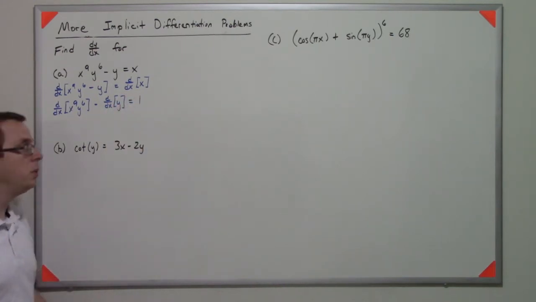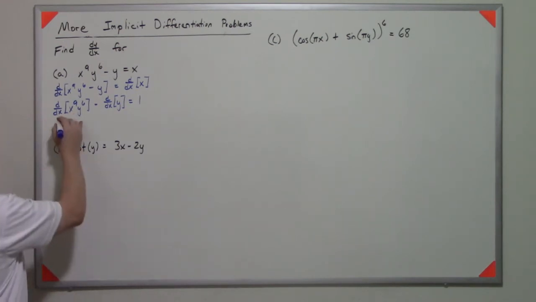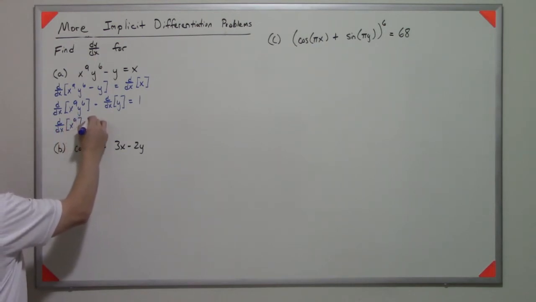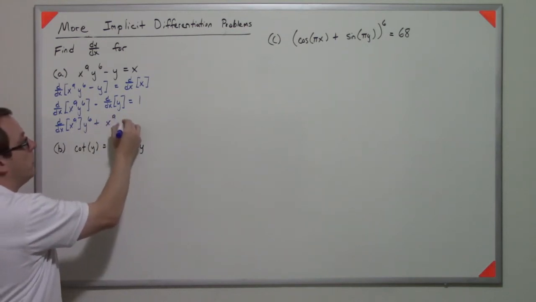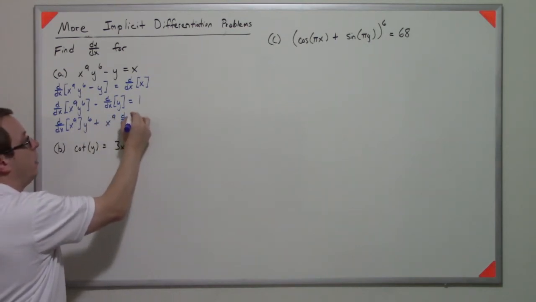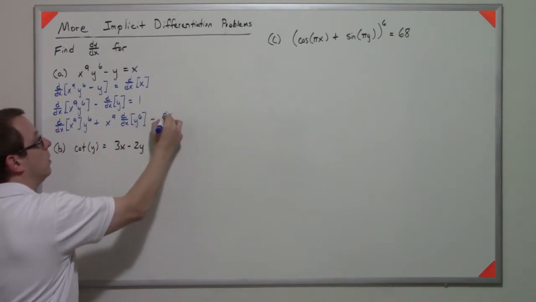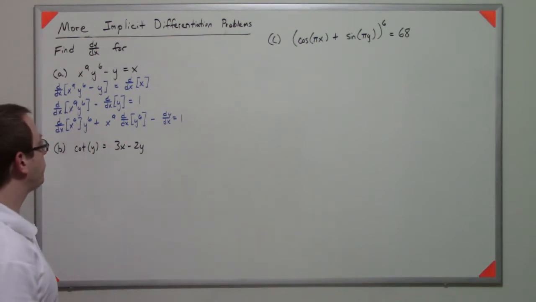Now what we're going to do is, this is a product. So we have to do the product rule. So we take the derivative of the first one, leave the second alone, plus the first one times the derivative of the second, minus dy dx equals 1.